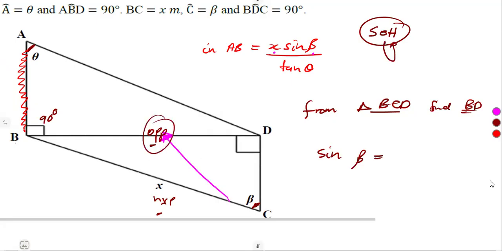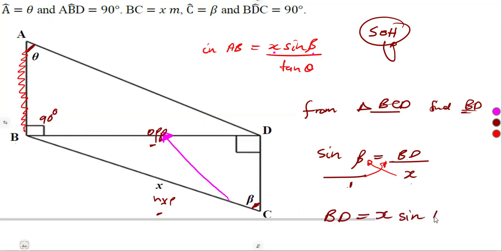What is our opposite? That is the BD, over the hypotenuse, which is our x. So remember, we want to find BD. So let us cross multiply, the same as over 1. 1 times BD, that's BD is equal to x times the sine of beta, which is x sine of beta. So wherever we see the BD, we are going to have it as x sine of beta, like this.